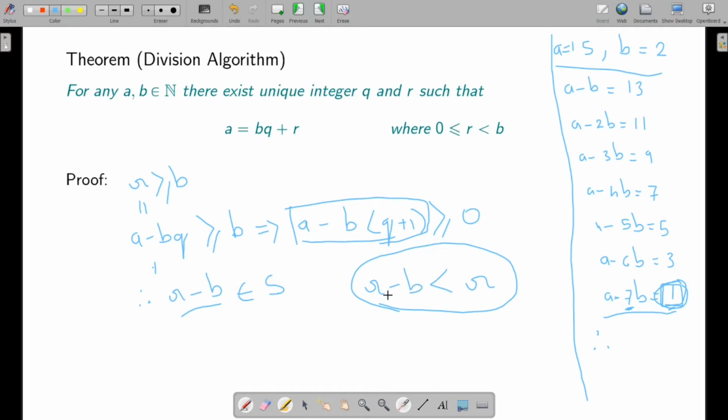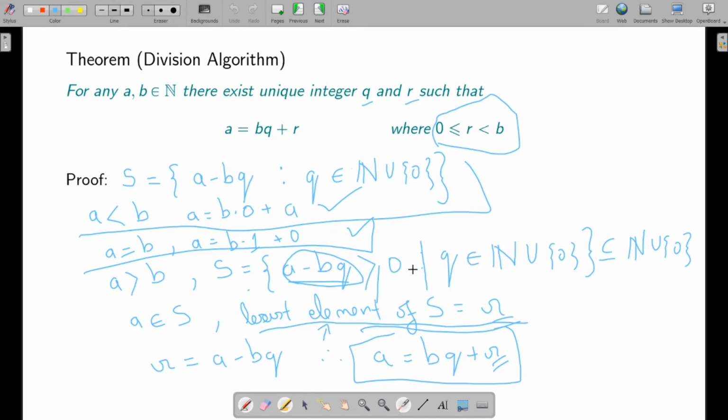So since r minus b is less than r, this is a contradiction, and therefore we know that this statement here is false, which means that the negation is true. That is, r has to be less than b. And by definition of the set S, r is definitely greater than or equal to 0. Every element of S is positive.